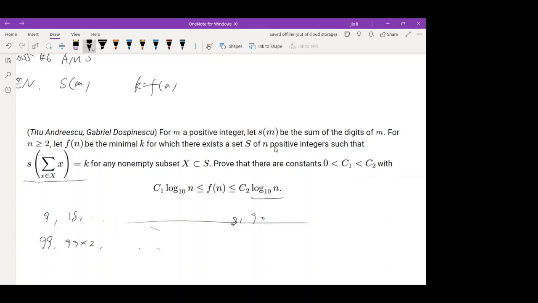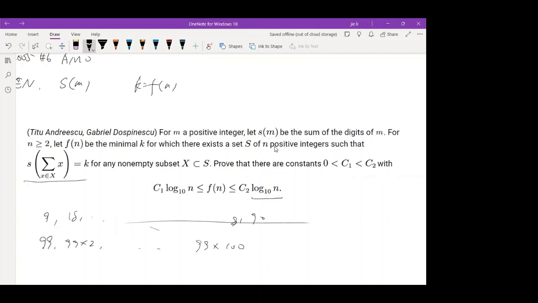Right? And then let's think about how we could improve this one to, say, 99 times 100. And with this one, now you have 100 numbers satisfying this requirement.